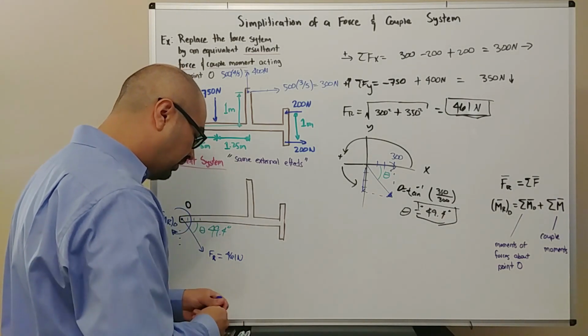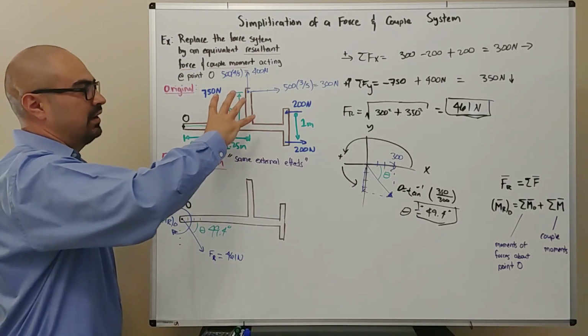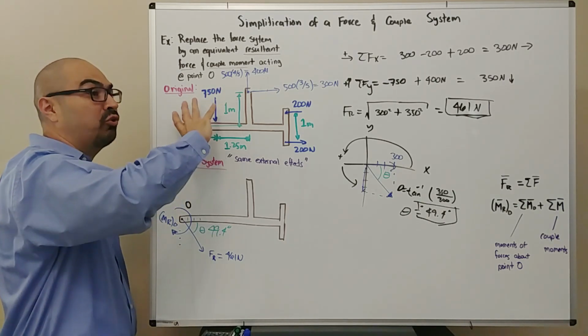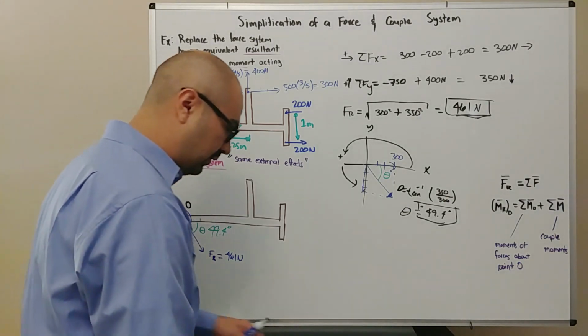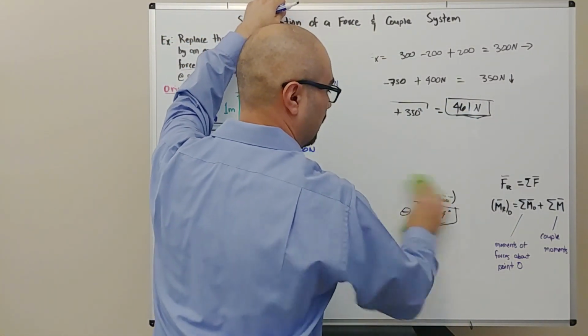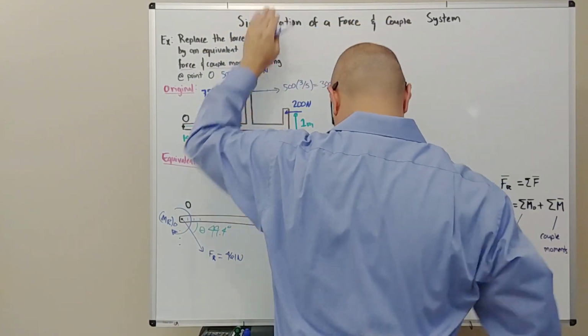Next, what we need to calculate is the resultant moment, right? At the end of the day, these forces might want to also twist this body or create a tendency to rotate this body about point O, and that's what we're going to capture next. So remember our formula, right?